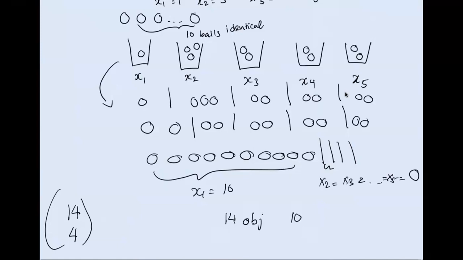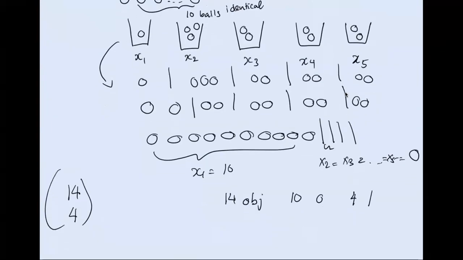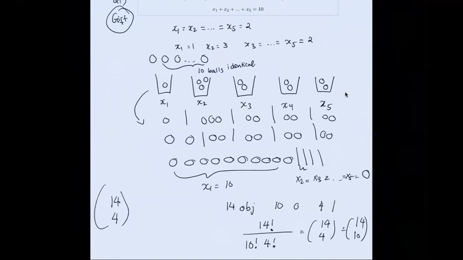Out of that, you have 10 balls, which are the same type, and 4 dividers, which are another type. So the number of ways you can arrange them is 14 factorial divided by 10 factorial divided by 4 factorial. And this is equal to 14 choose 4 or 14 choose 10. If you write either answer here, it will be correct.